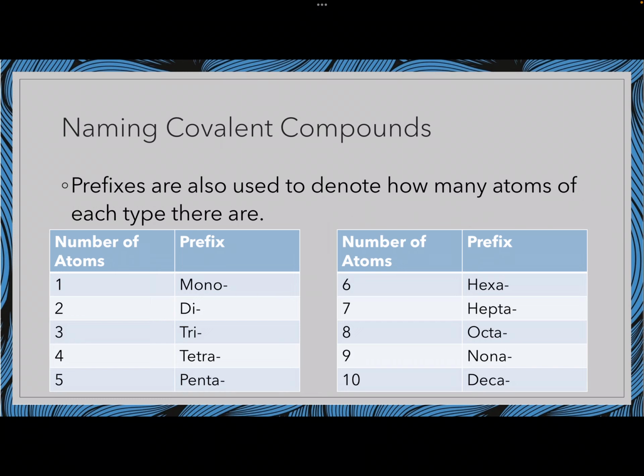You may come across tetra a few times, that's 4. And then from there we use penta, hexa, hepta, octa, nona, deca. You probably won't come across those much at all, but at least remember these first 4. Tetra is not as common, but you will come across it.